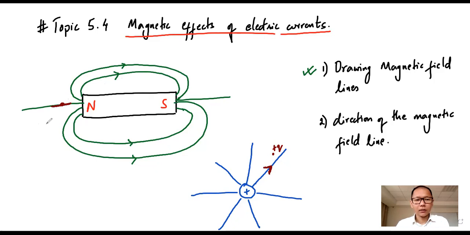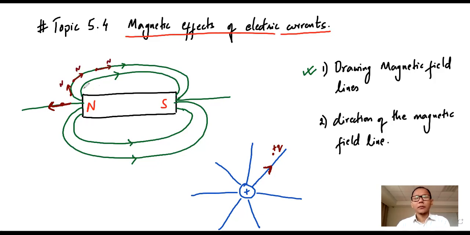Obviously the north will be pointing towards the outer direction, right? Because north and north repel each other. Likewise, if you put a magnetic needle here, it'll be pointing in this direction. If you put a magnetic needle here, it'll be pointing in this direction. If you put it here, the north will be pointing in that direction.